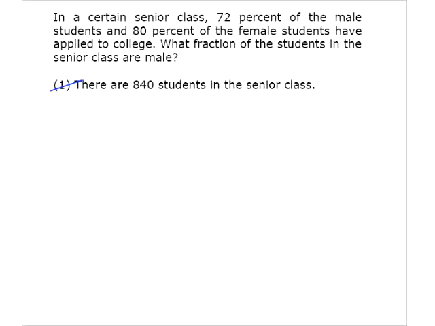If there were an equal number of males and females, then what would be the overall average of people who applied? Wouldn't be 50%. We're saying 72% of the males in the student body applied to college, 80% of females applied to college.